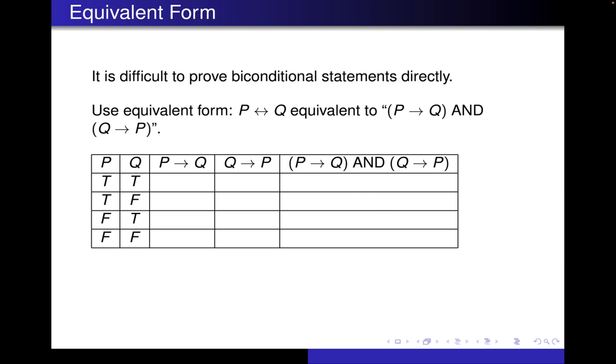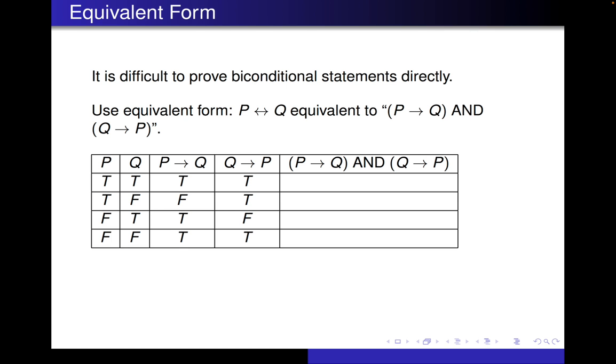Just to show you that the truth table works, look at that third column. P implies Q, remember, is going to be false precisely when P is true and Q is false, and true otherwise. Q implies P is going to be false precisely when Q is true and P is false. That's going to be in that third row.